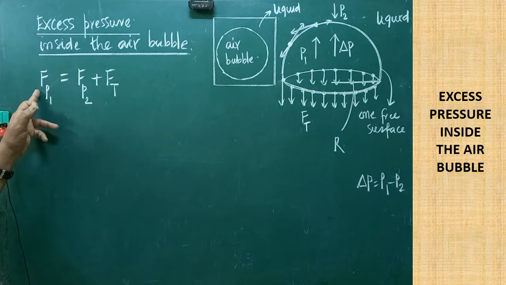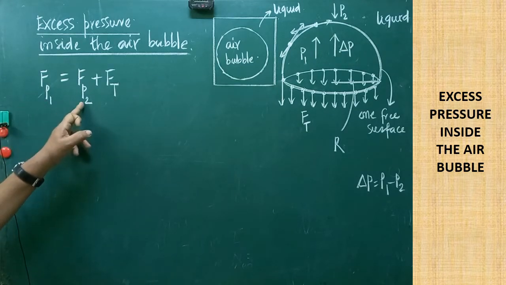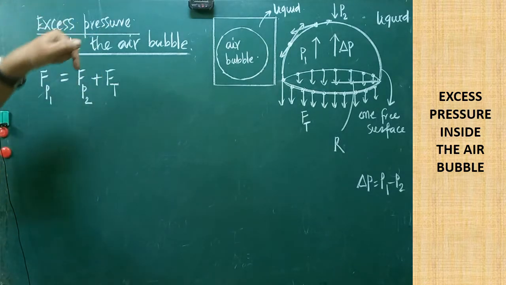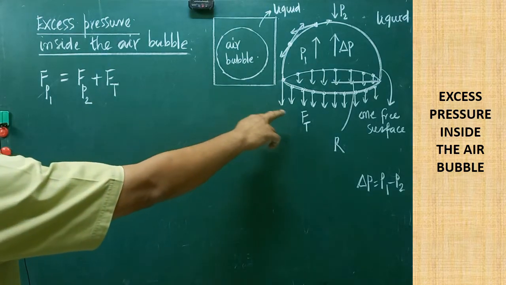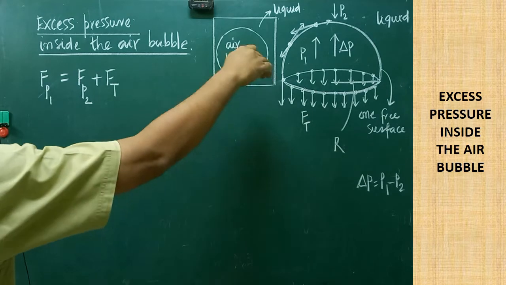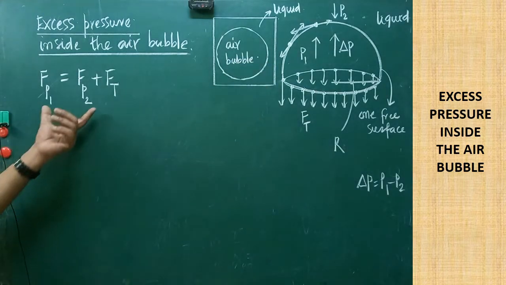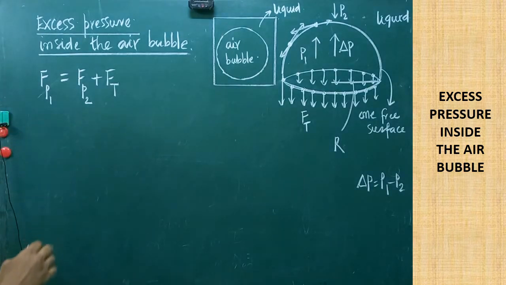One force is acting from inside, that is Fp1, and another one is Fp2, the force due to pressure P2, acting on the surface from outside. And Ft, these are all the forces acting in the downward direction due to surface tension. So like this we have to write. Are you clear? So both are equal.